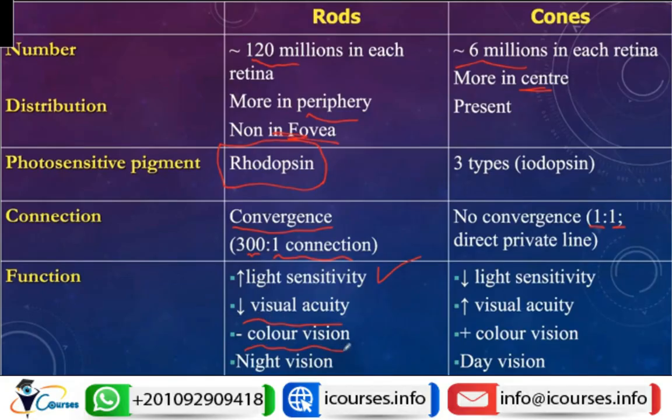They cannot see color, and they are important for night vision. The reverse would be the cones. The cones have decreased light sensitivity because their function is mainly in daylight, and they have much better visual acuity because there is no convergence, and they are able to see color by the three types of photopigments, and they are responsible for day vision.